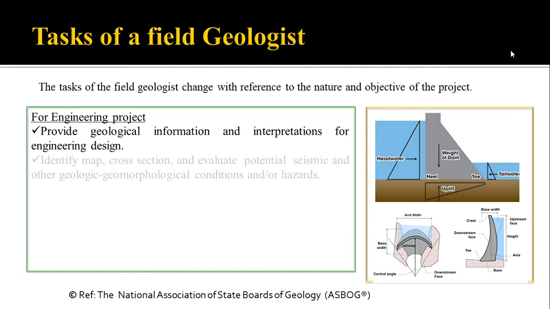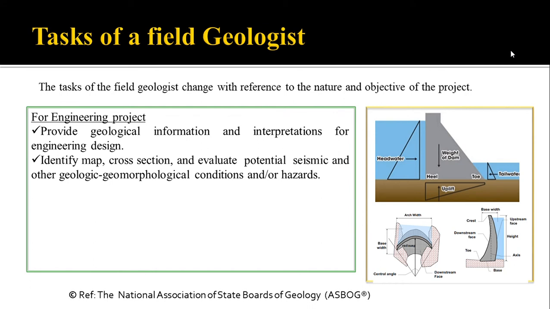Okay, and the next thing is to identify, map cross sections, and evaluate potential seismic and other geological and geomorphological conditions and hazards. Actually, you are constructing such a large artificial structure in a natural environment.